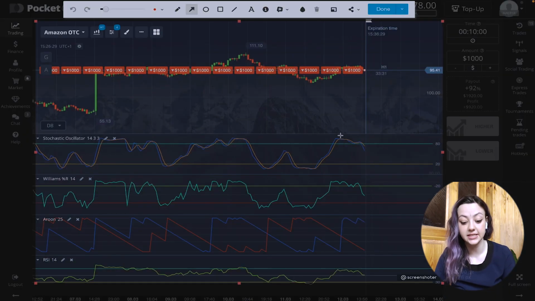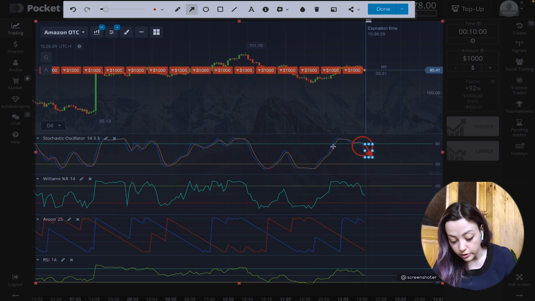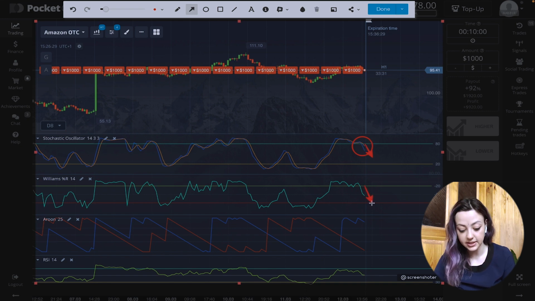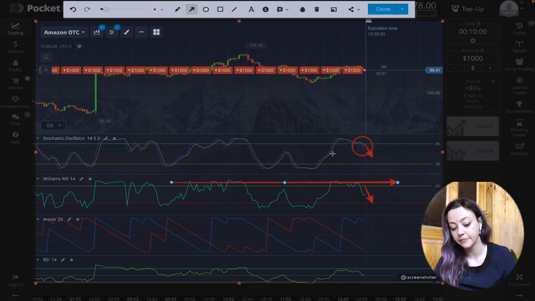According to stochastic, there was a crossing of two lines. It says about switching the graph direction, and we can see this cross point got the previous peak point and then it went down. According to Williams percentage, we can see a pretty similar situation, but with the resistance line. As for Aroon, the situation is quite more interesting.